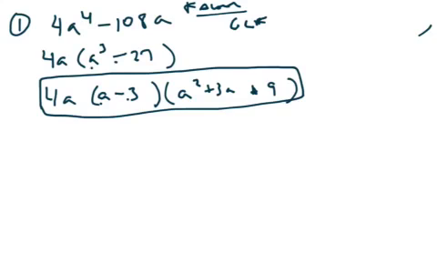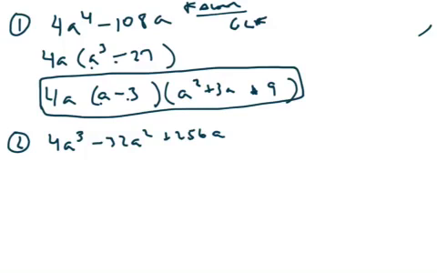Okay. All right, second problem. Let's look at this one. I'm going to go with the 4 again. 4a cubed, negative 32a squared, and positive 256a. All right, looks like a beast. Let's break this thing down.